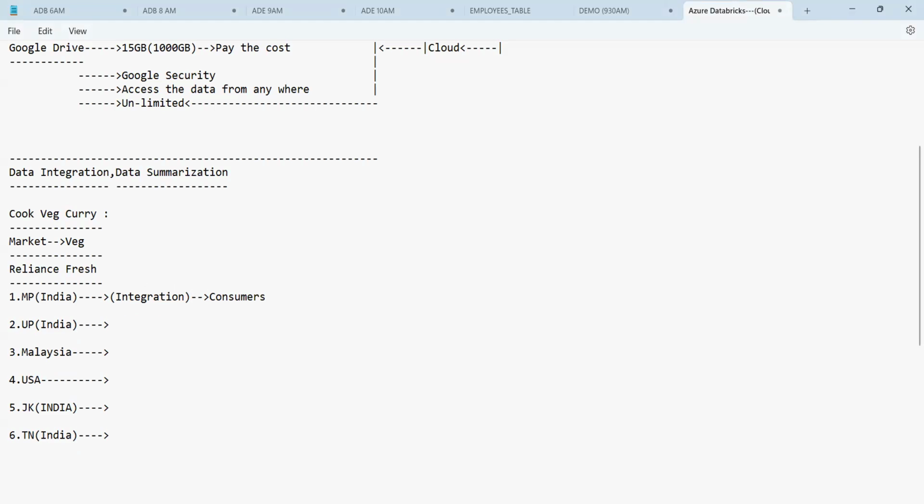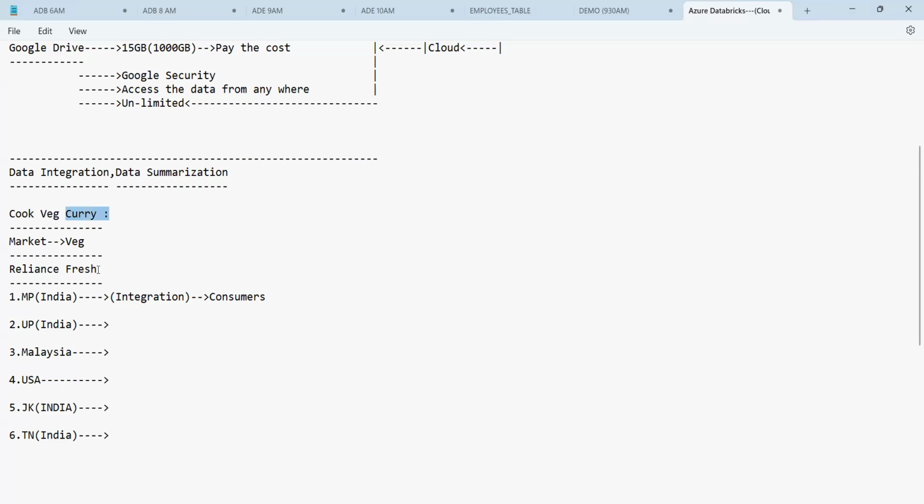We all are the consumers. So various vegetables are brought from various locations and made available to consumers to buy at Reliance Fresh Hyderabad.